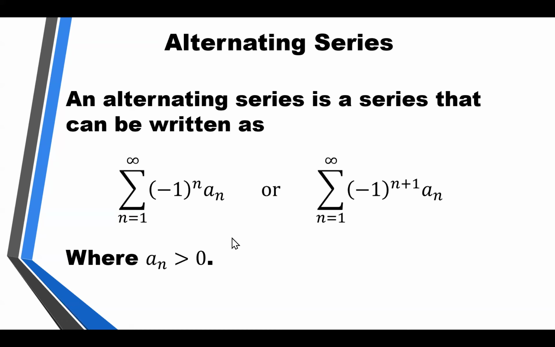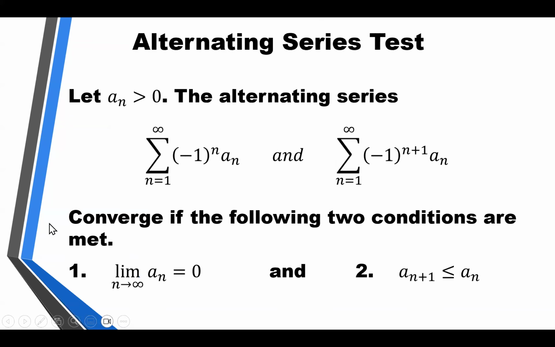We are going to examine alternating series in this video. They come up in a lot of places, but one really nice thing about alternating series is that there is a really nice test for convergence.